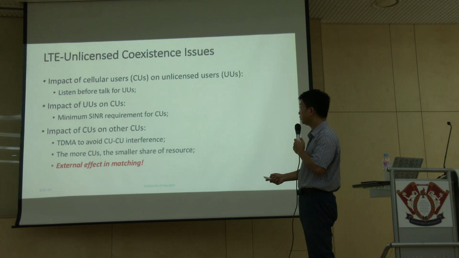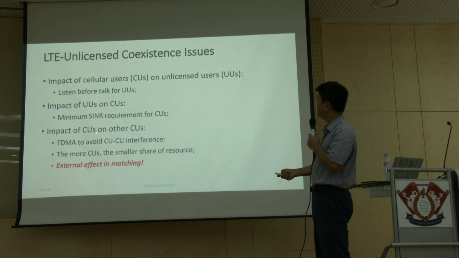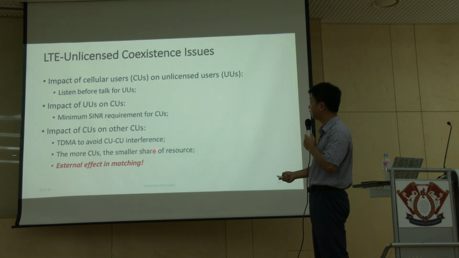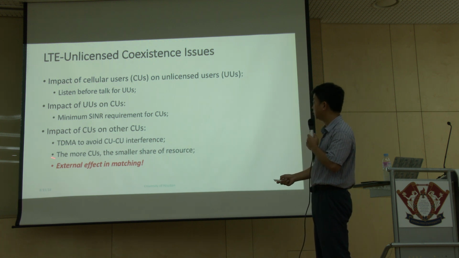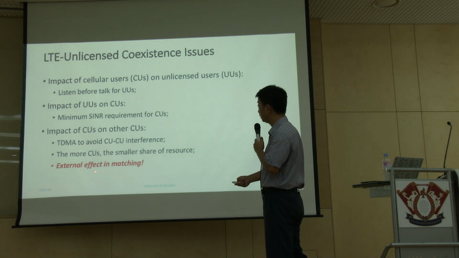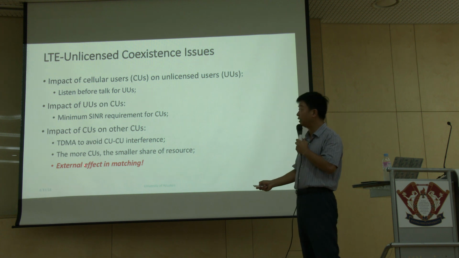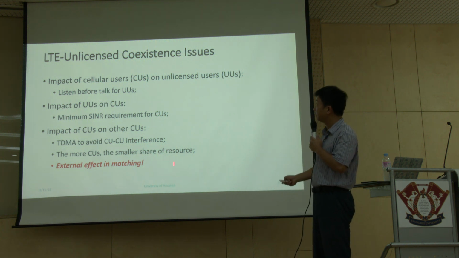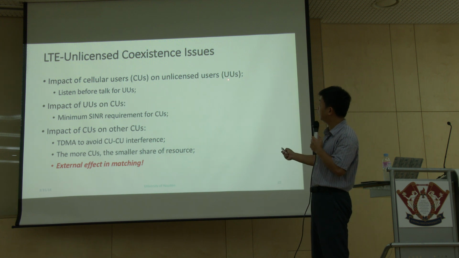And for the impact of a cell phone user on other cell phone users, if there are more cell phone users, then the unlicensed spectrum will be shared. So in this case, they will have this external effect for matching. In other words, we have these resources, this spectrum, which can match to the unlicensed user and then the cell phone user.